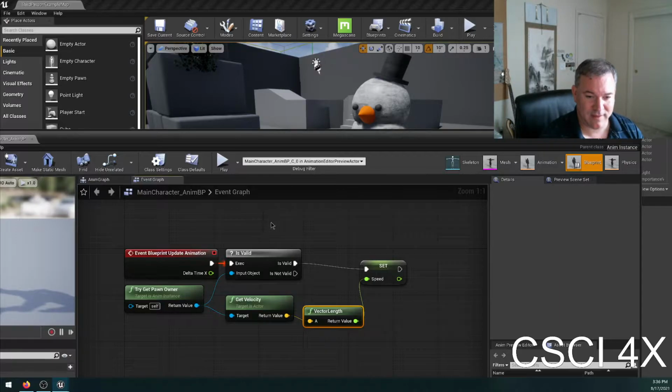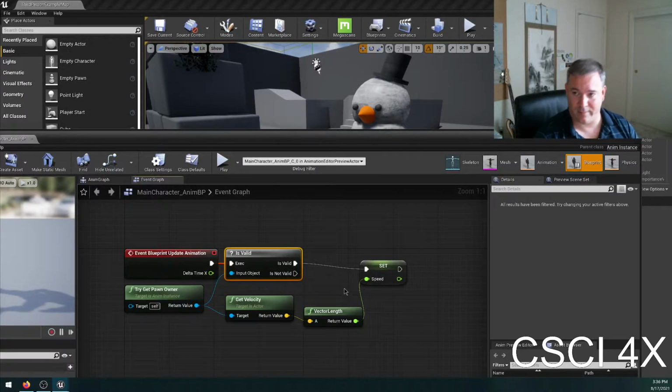Now this thing here is something a lot of people forget about. The update animation can actually be called prior to the thing being placed into the world. And so you have to be very careful with that and only do things if the thing is actually in the world. So that is that.